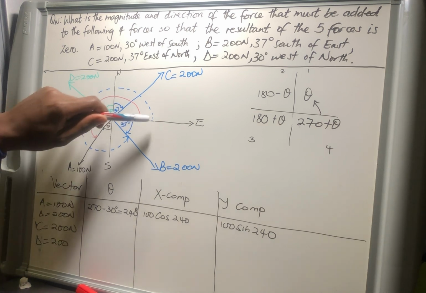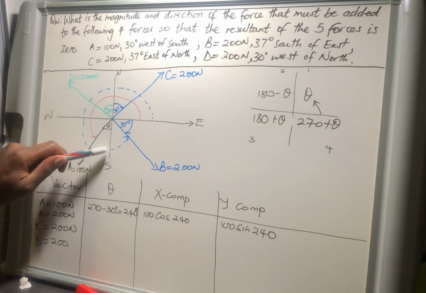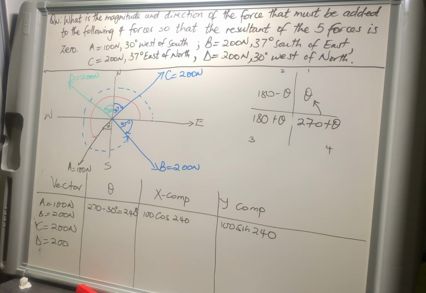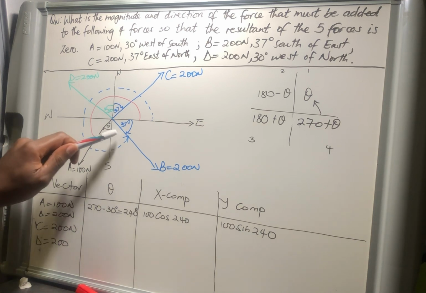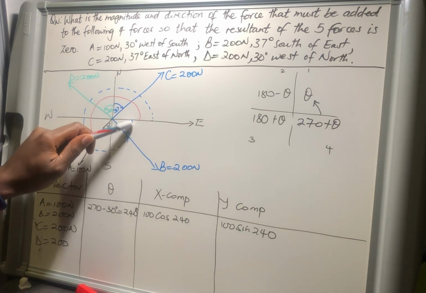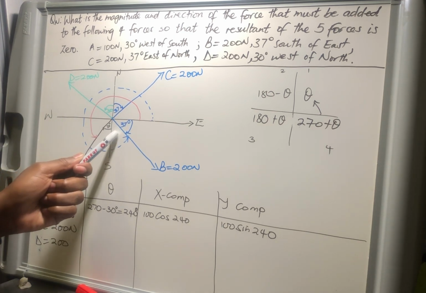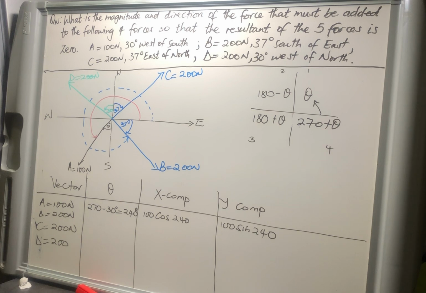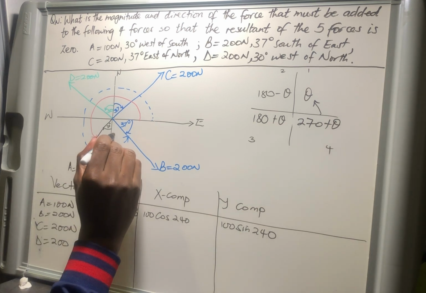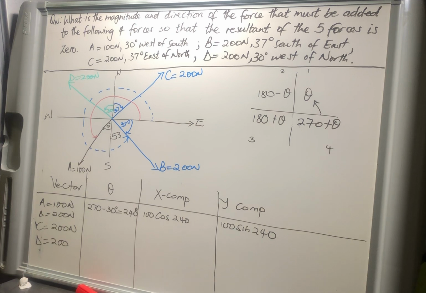You can see that it's actually 270 up to this point plus this angle. But we do not know what this angle is. But we know that this one is 90 degrees. So if you say 90 minus 37, you're going to get this angle. So 90 minus 37, what do we get? You're going to get 53. So this angle here is 53.